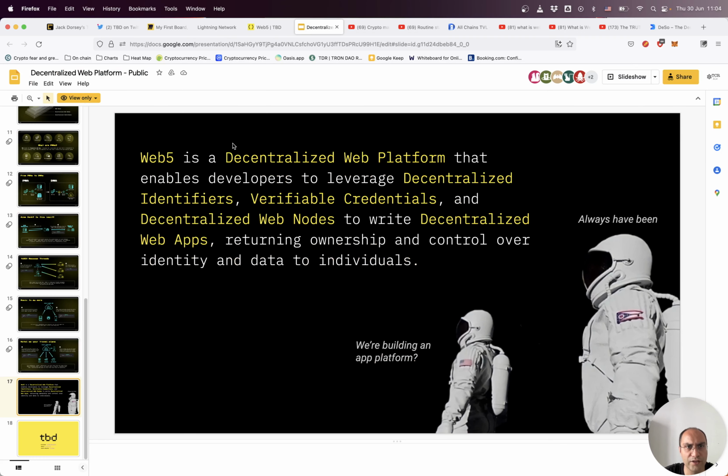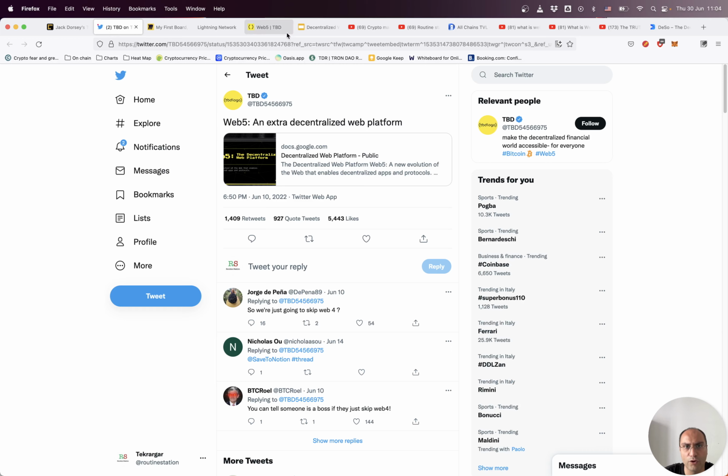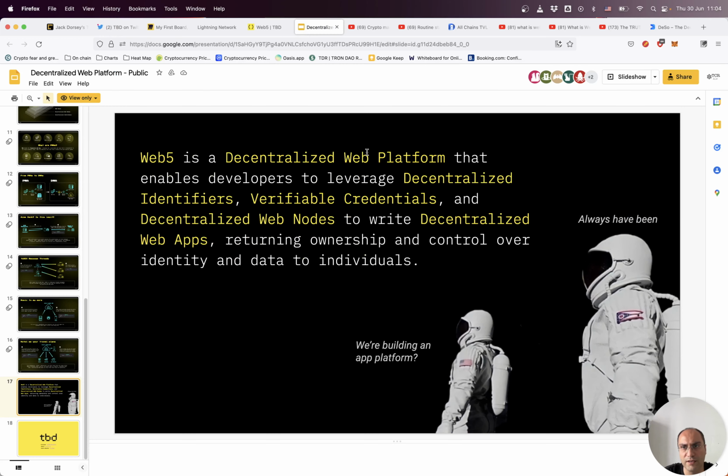As written here in the link, if we go here we can find the documentation. They say Web5 is a decentralized web platform that enables developers to leverage decentralized identifiers. This is one of the keywords here. We can see decentralized identifiers, verifiable credentials, and decentralized web nodes to write a decentralized web app.